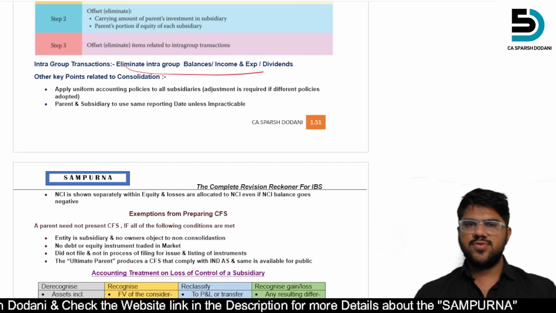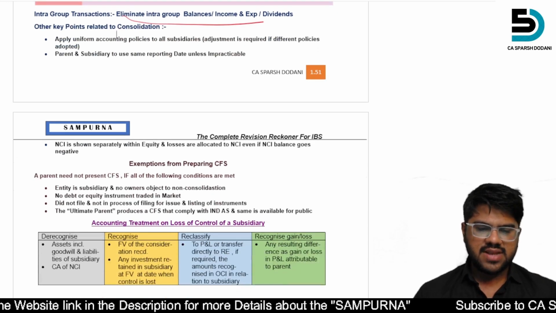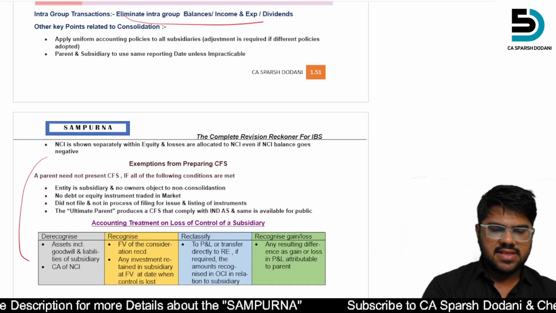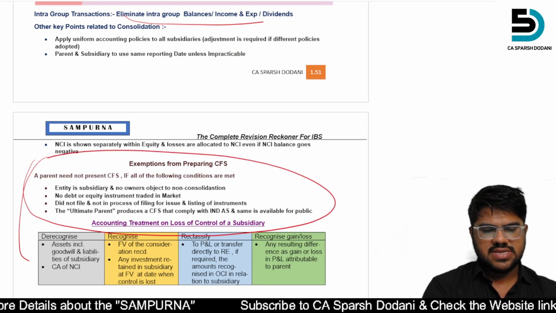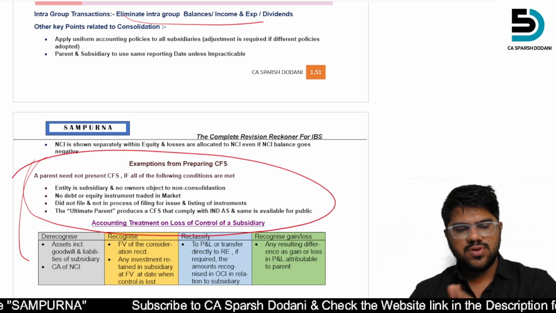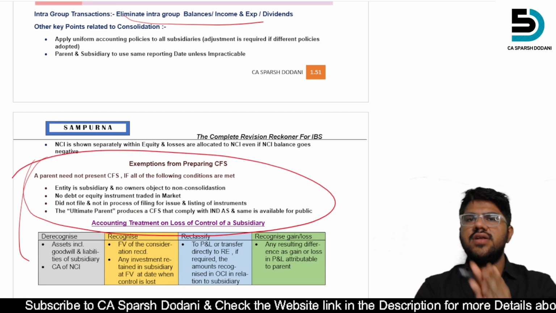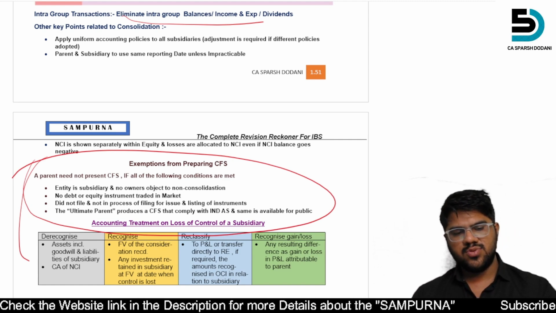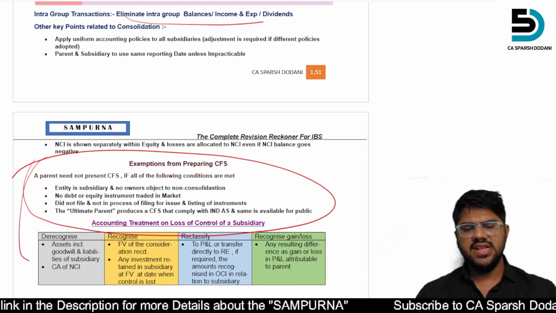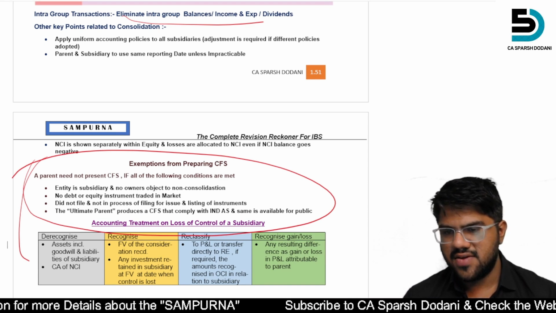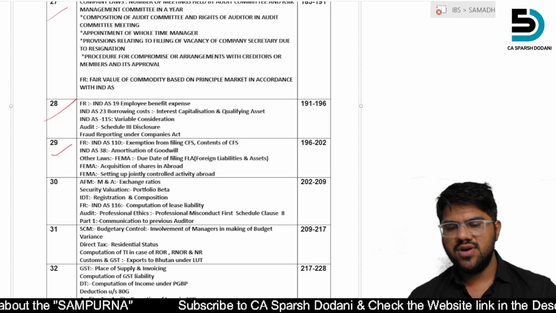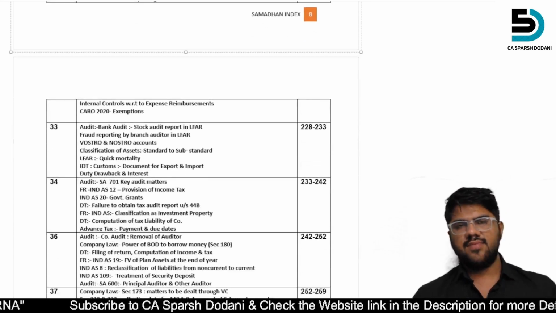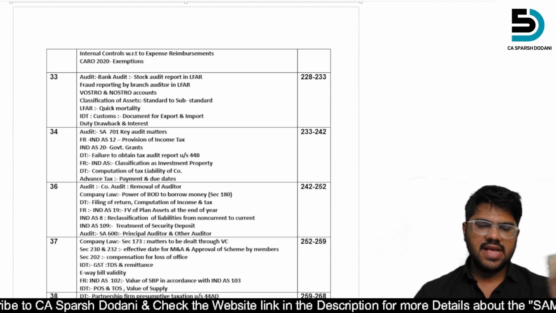Then what are the exemptions? These are the ones who don't need to file consolidated financial statements. This is how you can cover the whole FR from your Samadhan and Sampurna.